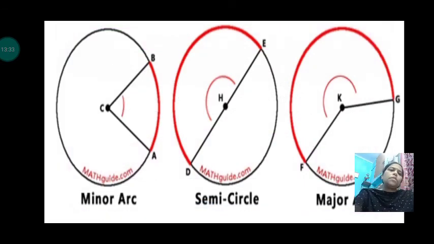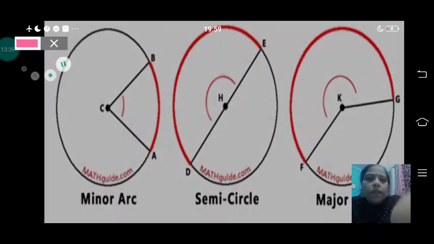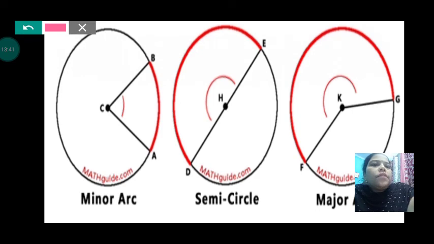Now let us discuss about arc. What is an arc? So in this figure, what do you see? In the first figure we see that the point C is the center, and it has 2 lines, CB and the other line CA, and they are making a small curve over here, this BA.